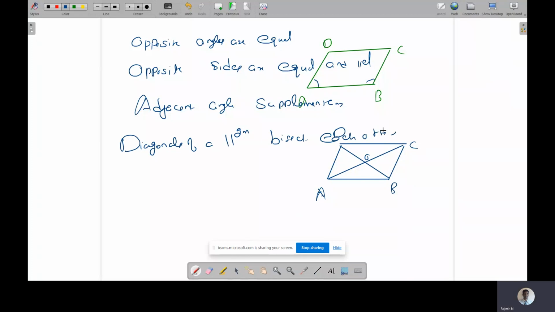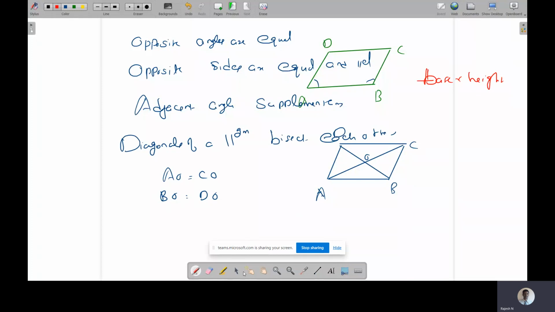So opposite angles are equal, opposite sides are equal and parallel, adjacent angles are supplementary. Diagonals of a parallelogram bisect each other, that means AO is equal to CO, BO is equal to DO. What is the area of a parallelogram? Area of a parallelogram is base into height.